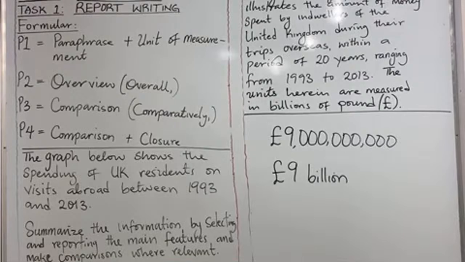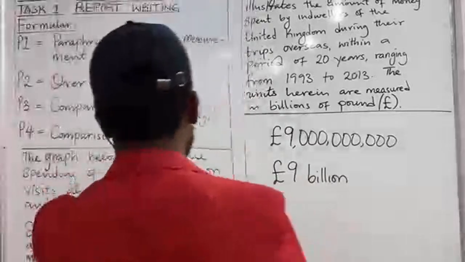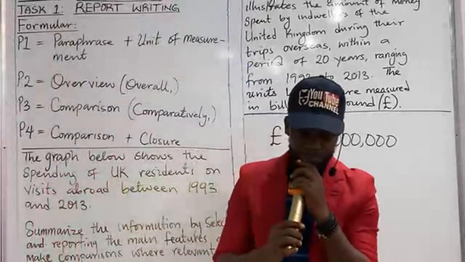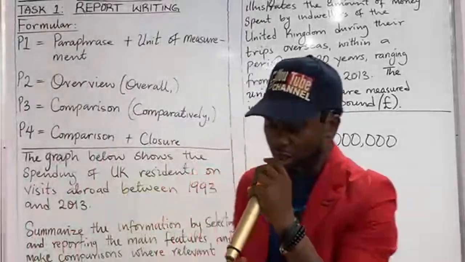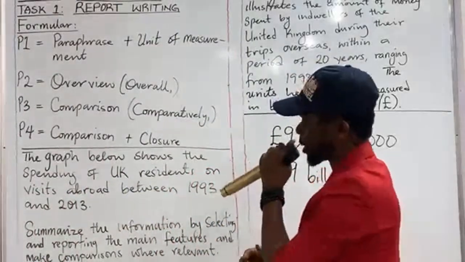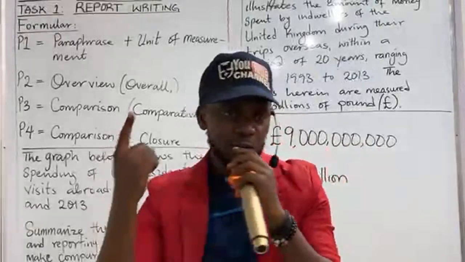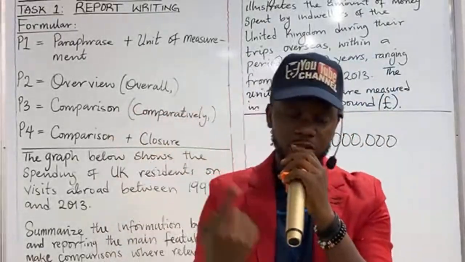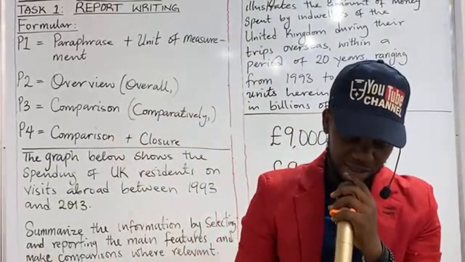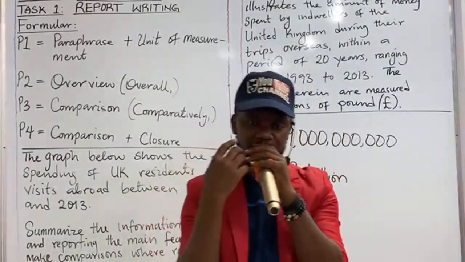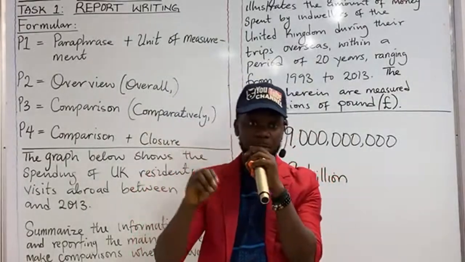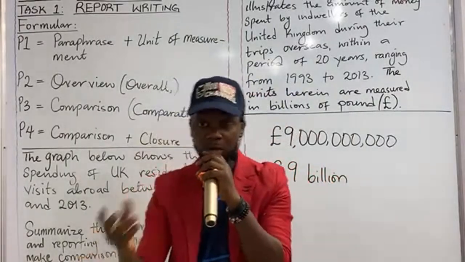Okay, so let's go ahead and work on the last paragraph. Because we were only able to successfully compare 1 out of the 4 areas, we are now going to look at the 3 remaining ones and see a few things we want to say about them.